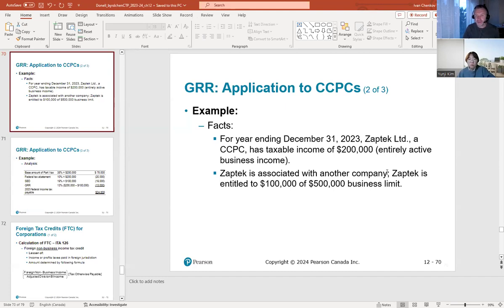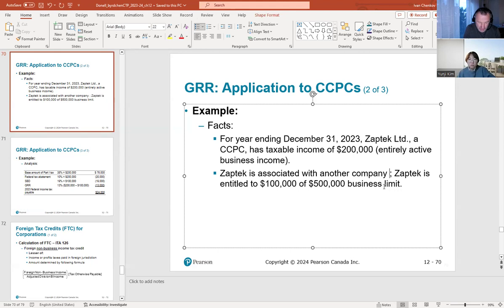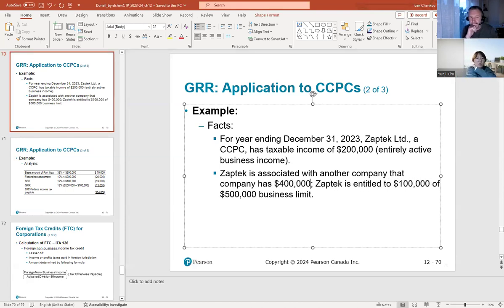Technically the other associated company has, what is that, $400,000. Oh, okay. Then the company will be entitled to only $100,000, because the other company has that much taxable income, $400,000.